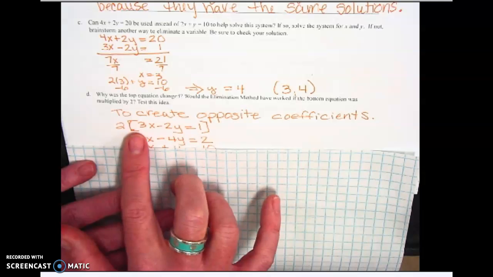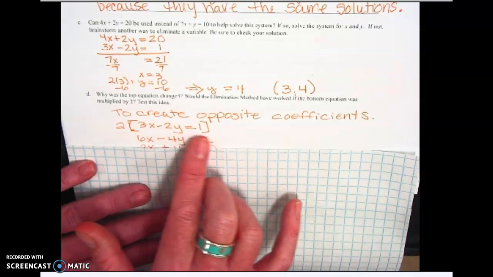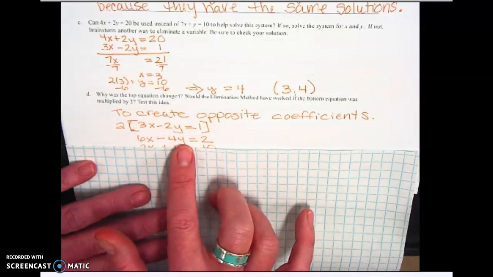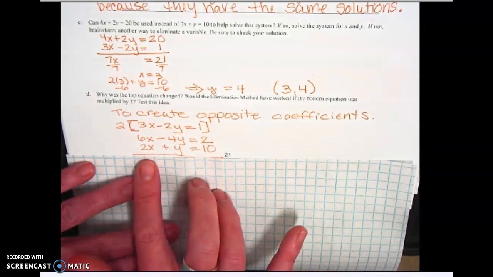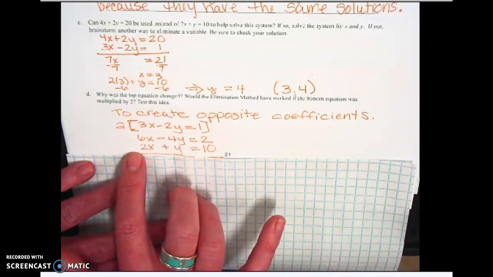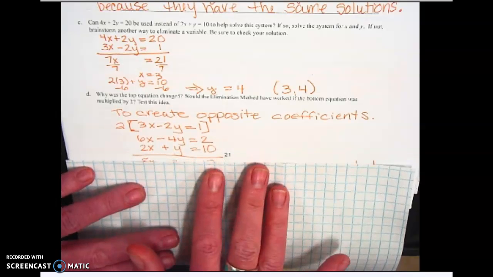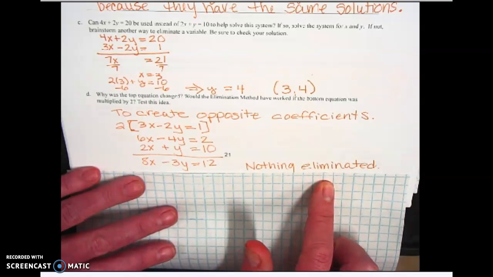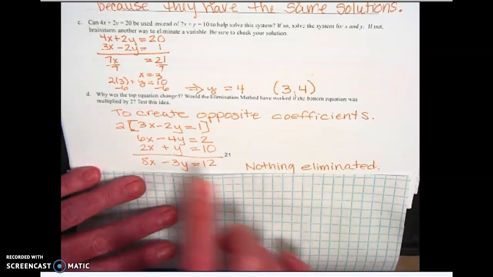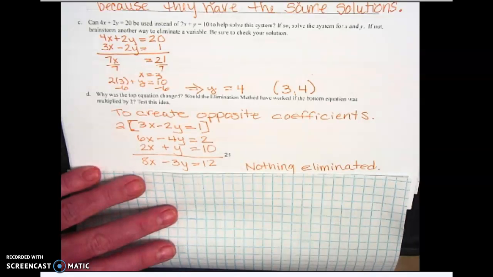If we try to multiply the second equation by 2, we get 6x minus 4y equals 2, and we do not have any opposite coefficients. These aren't opposite, and guess what? Nothing will be eliminated if we try to combine those together. We still have an X, we still have a Y, so that's definitely not elimination.